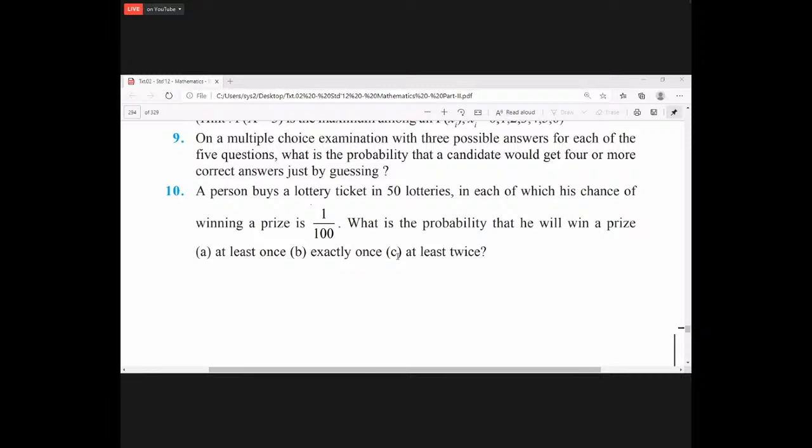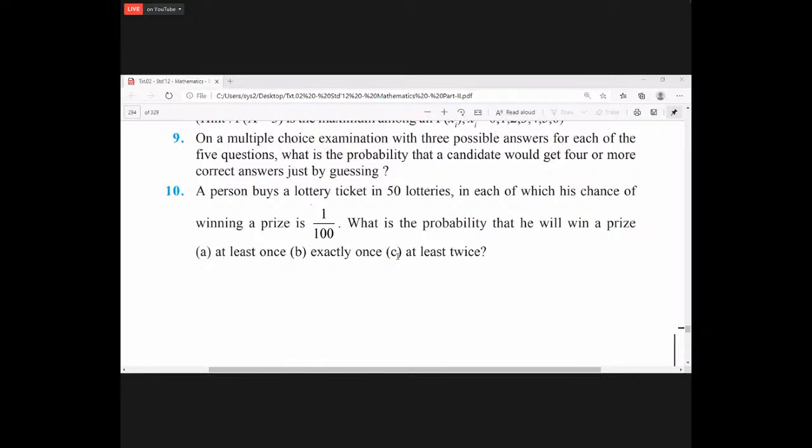Small p, probability of winning lottery, p is equal to 1 by 100. q is equal to 1 minus p, which is equal to 1 minus 1 by 100, is equal to 99 by 100.